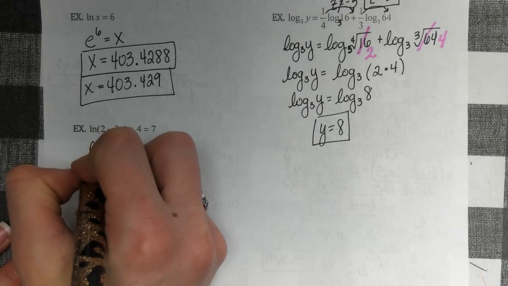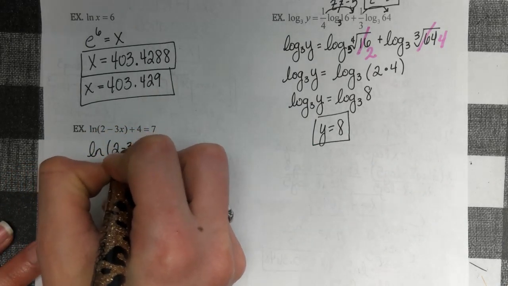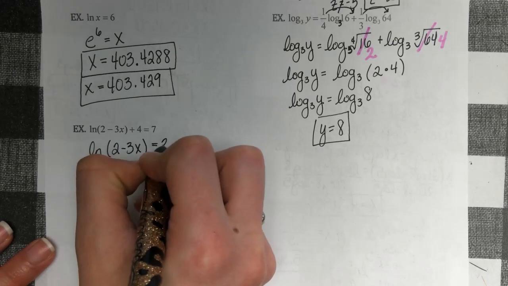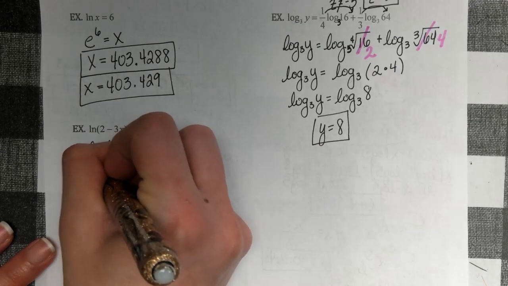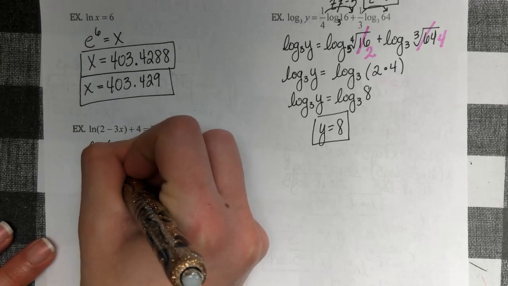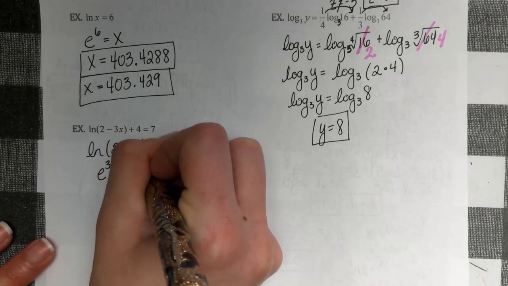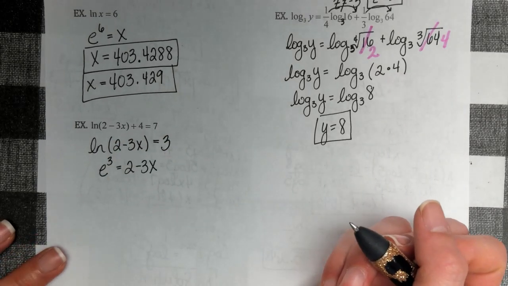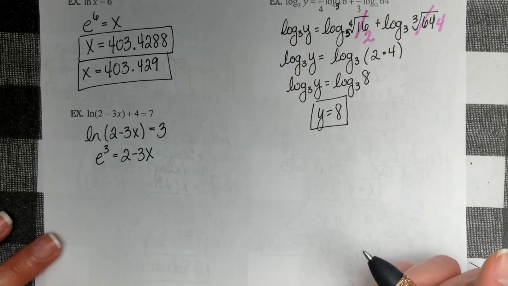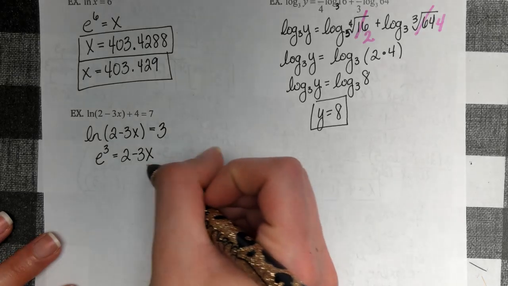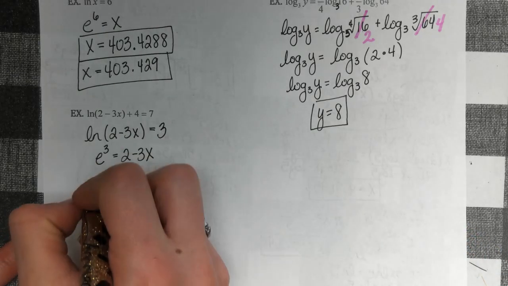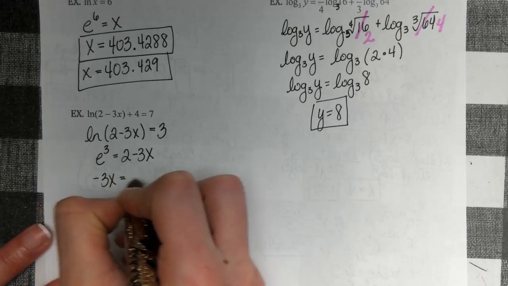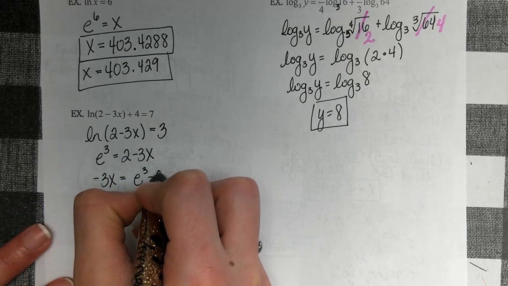Subtract the 4, so natural log of 2 minus 3x equals 3. Very good. Now, I'm not going to evaluate e to the 3rd just yet. I'm going to go ahead and just solve for x and then plug it in my calculator. So I would subtract my 2, negative 3x equals e to the 3rd minus 2.